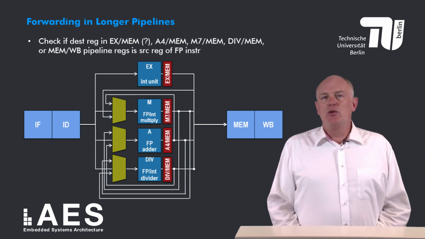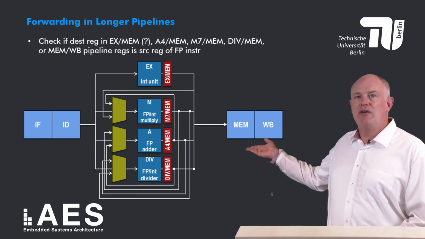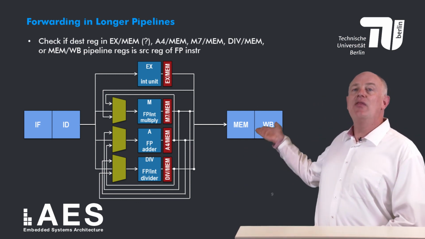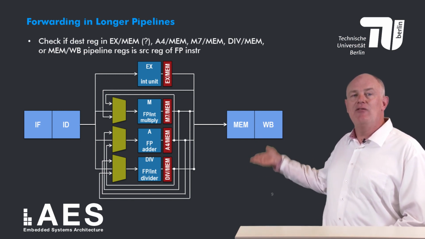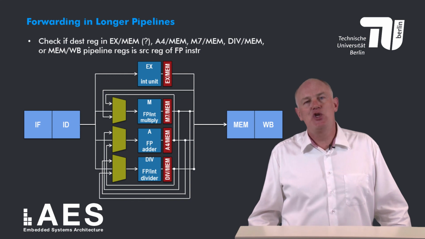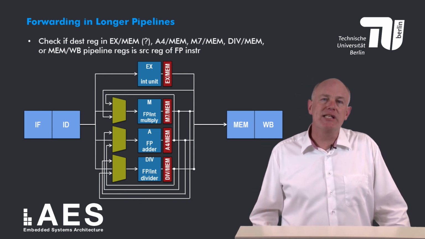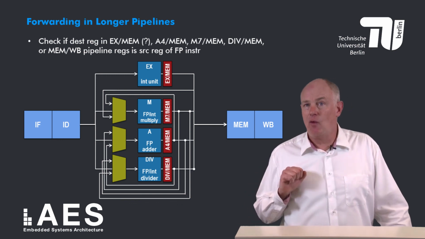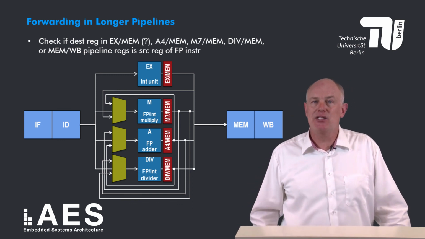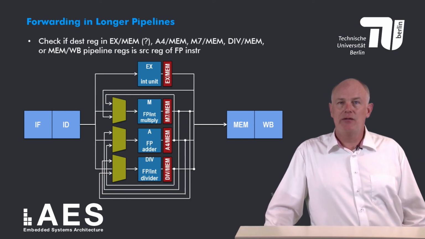So inputs to these multiplexers are the values read from the floating point register file and the results contained in the pipeline registers at the end of every execution pipeline, as shown by these many wires. Hopefully this convinces you that a lot of wiring and large multiplexers are required to implement forwarding in longer pipelines.